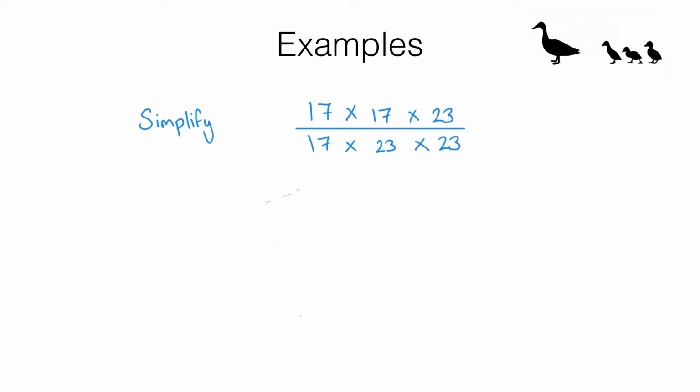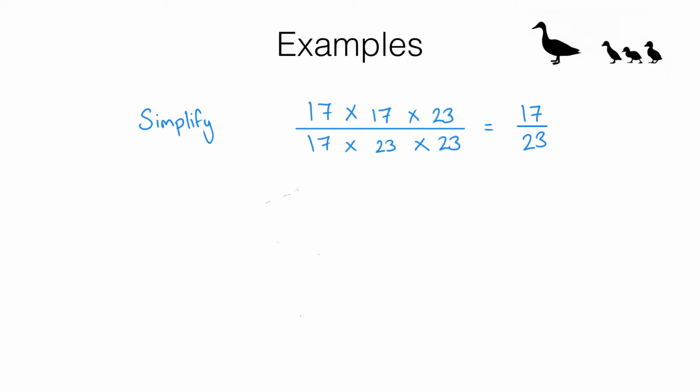Without using a calculator or doing any calculations, you should have found that this is simply going to give us 17 over 23. There's absolutely no need to work out what this numerator is or this denominator is. I can see that 17 is a factor of the numerator and the denominator.